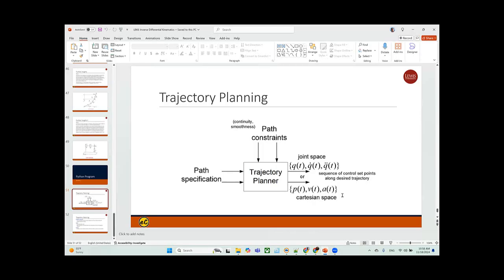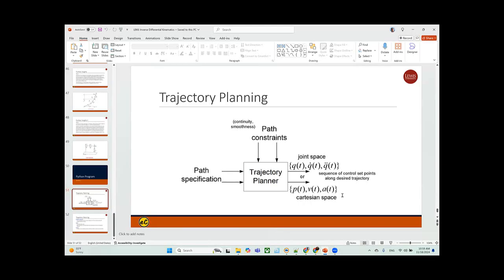Okay? This is called trajectory planning. And this forward and inverse Jacobian is used to calculate this kind of trajectory planning. Okay? Any questions so far? That's the purpose of this chapter 5.